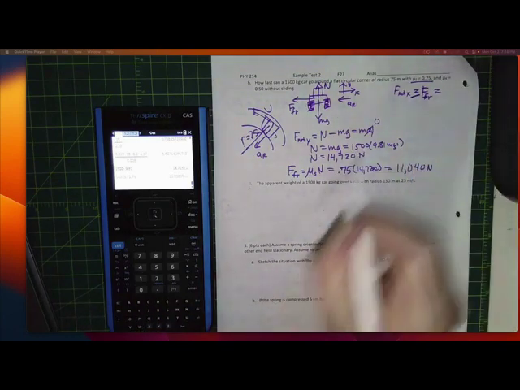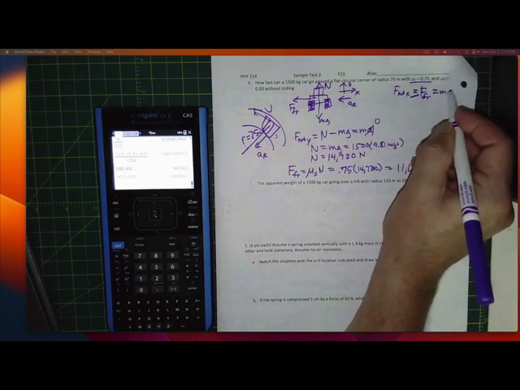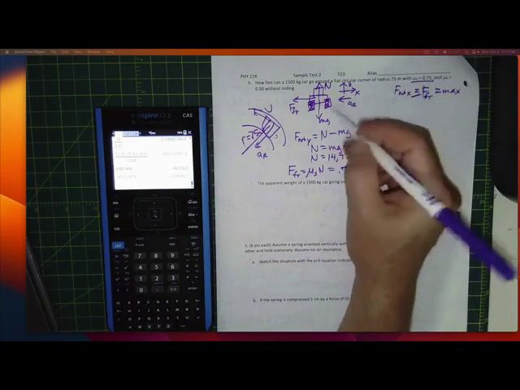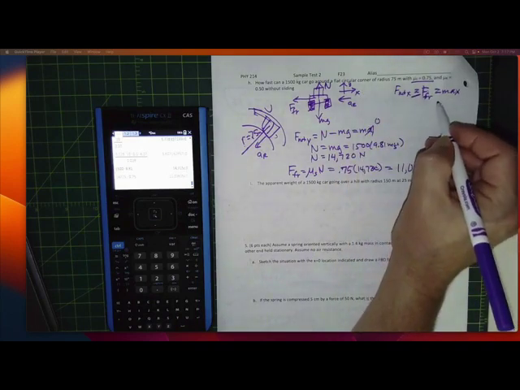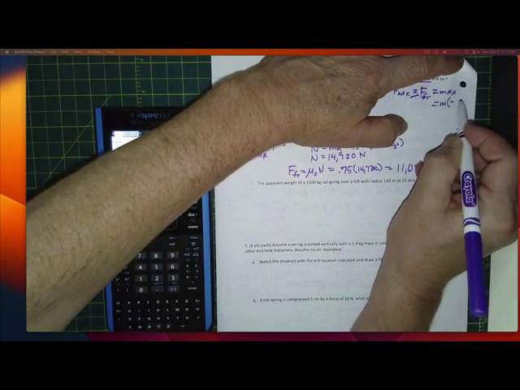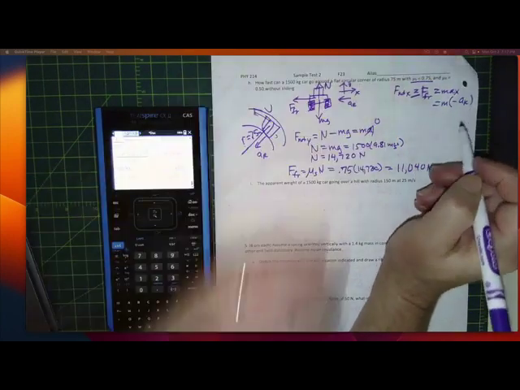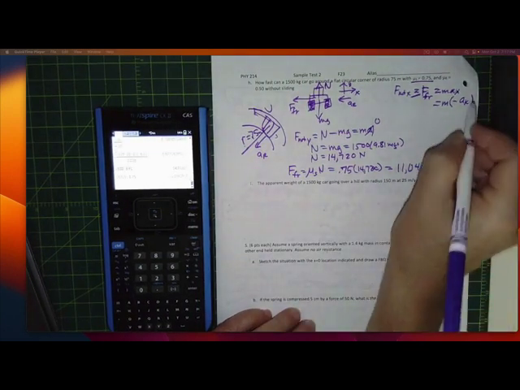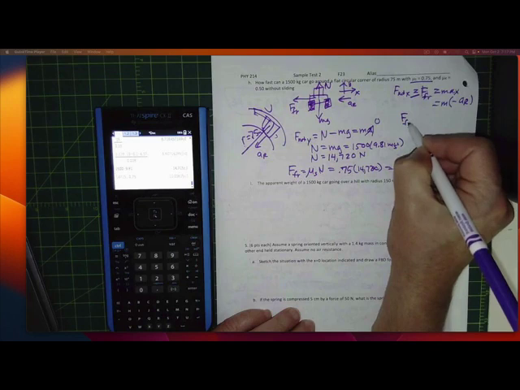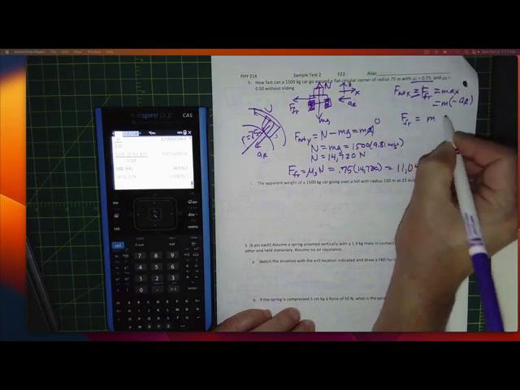And then we have the equals max, but ax, acceleration in the x direction, is in the opposite direction of ar, so it's going to be negative ar. And so that tells us that the force of friction is equal to m times ar.